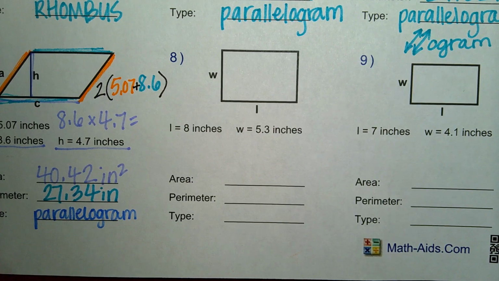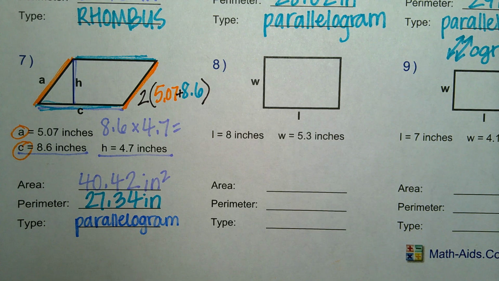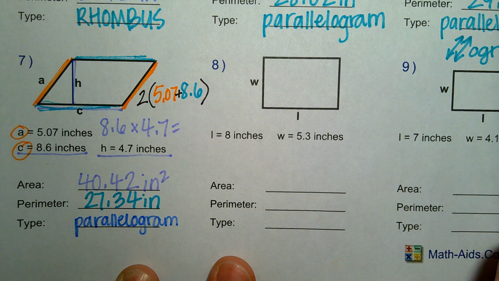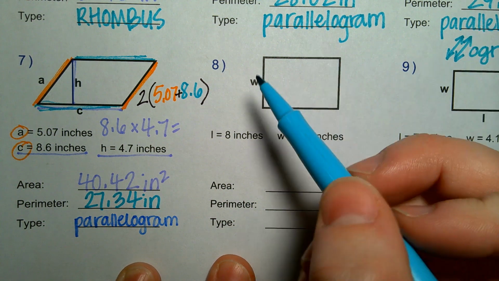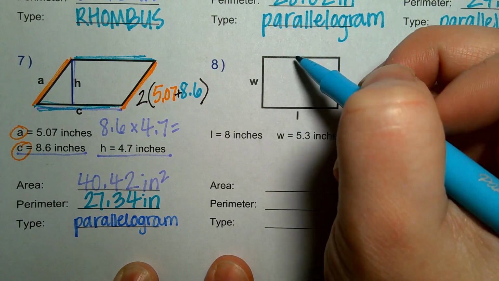All right, last two. Is this a rectangle? It is a rectangle, yes. So how did you know it was a rectangle? Because two sides are the same and two sides are not. Yes, so we have two pairs of equal length sides.